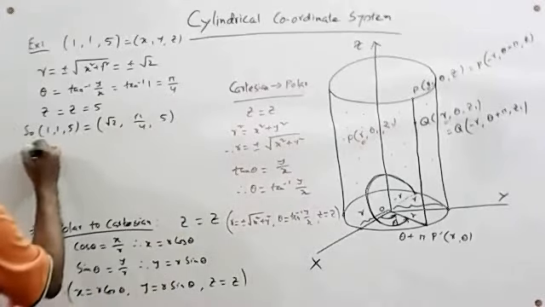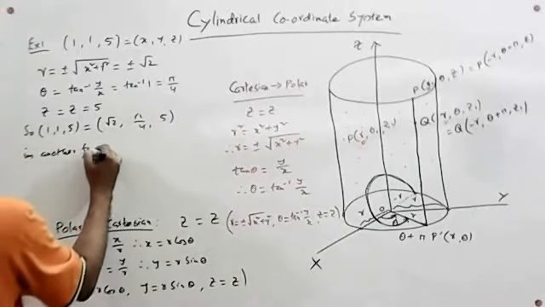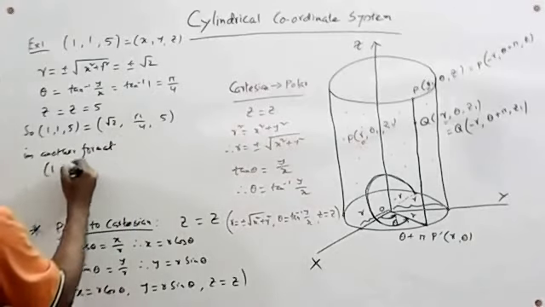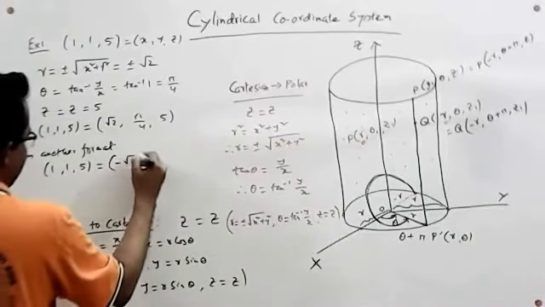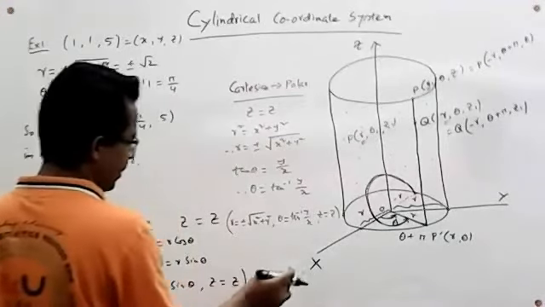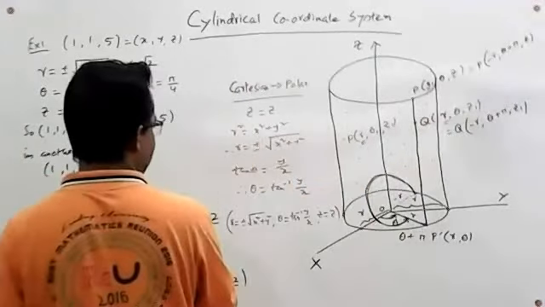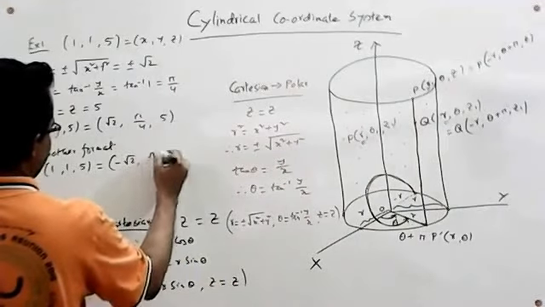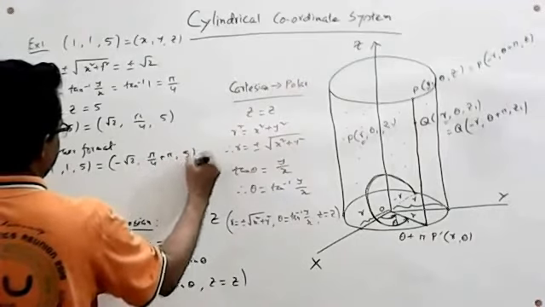And in another format, taking minus r, theta becomes theta plus pi, that is pi by 4 plus pi, which is 5 pi by 4.